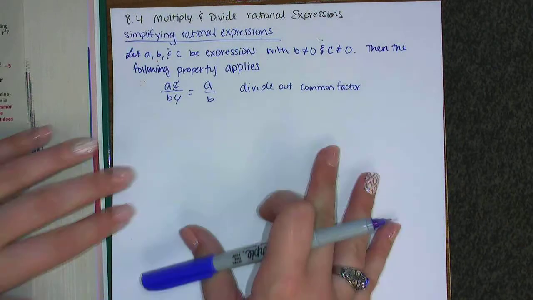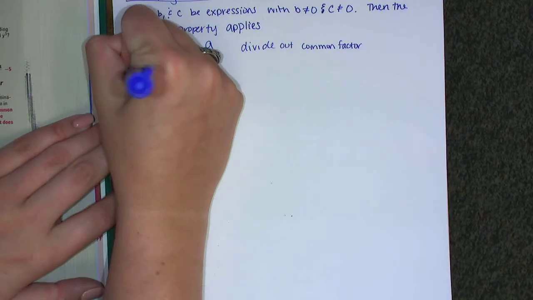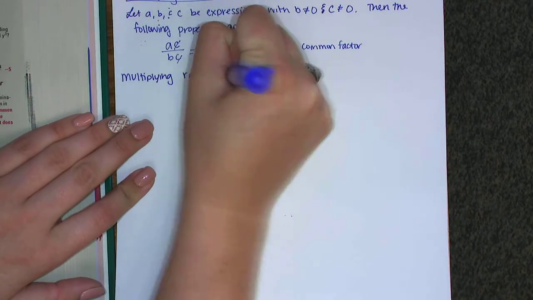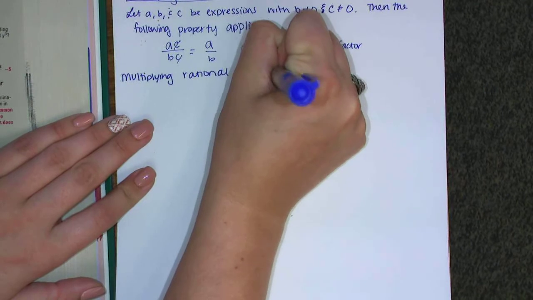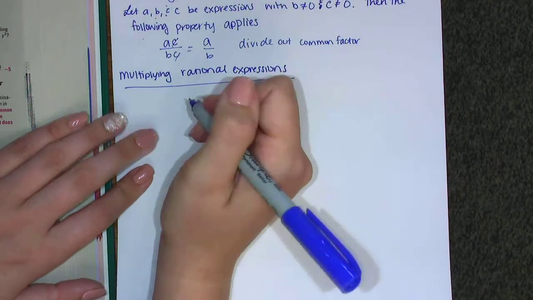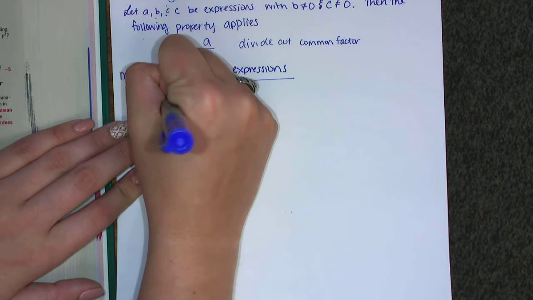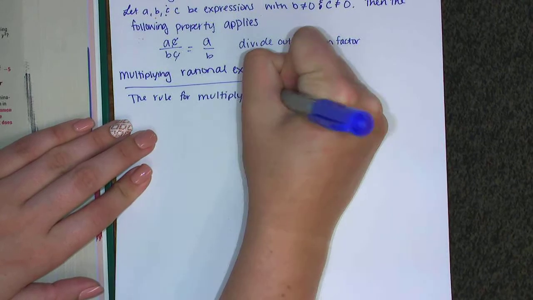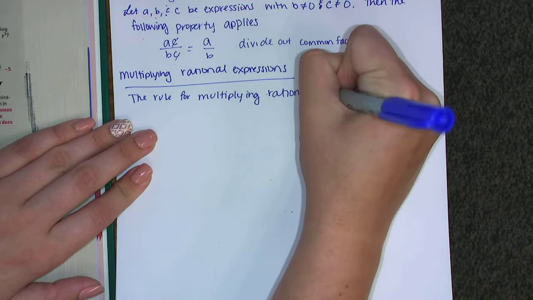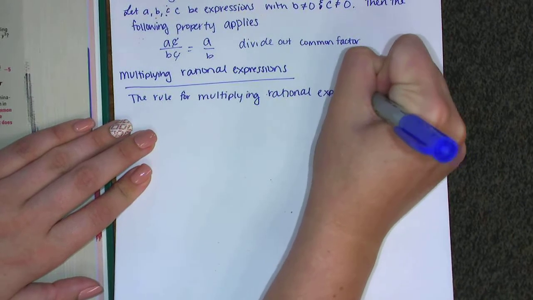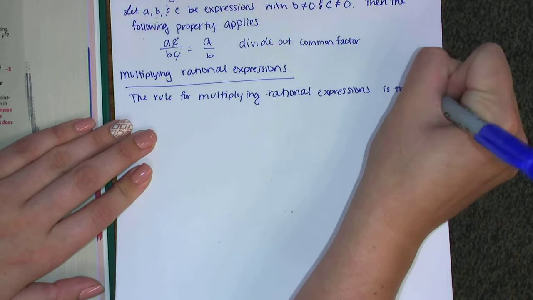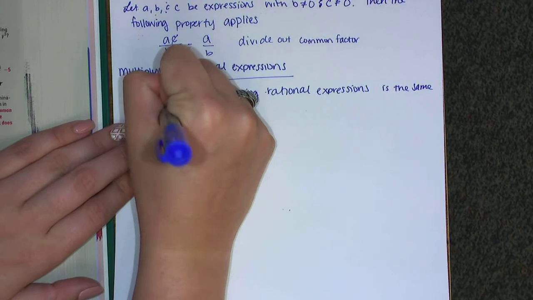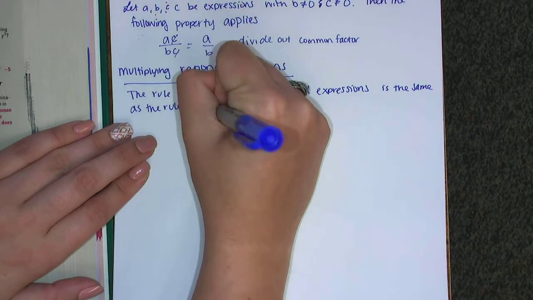Let's see, two more little concept things here. Multiplying rational expressions. The rule for multiplying rational expressions is the same as the rule for multiplying numerical fractions.